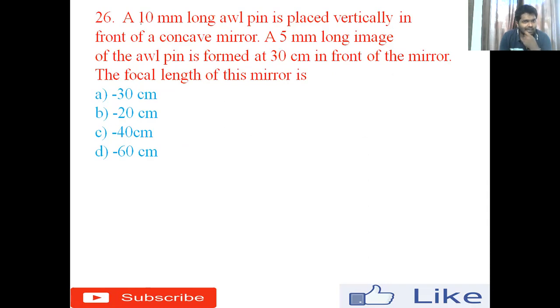26th one, a 10 millimeter long owl pin is placed vertically in front of a concave mirror. A 5 millimeter long image of the pin is formed 30 centimeter in front of the mirror. What is the focal length of this mirror? We already know that magnification of the mirror is minus V divided by U, which I can take as HI divided by H naught.